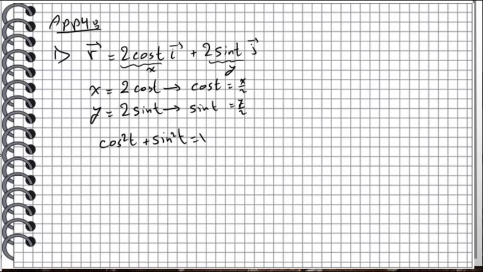I will substitute them: x over 2 all square plus y over 2 all square equal 1, which means x square over 4 plus y square over 4 equal 1. I can multiply the whole equation by 4: x square plus y square equal to 4.